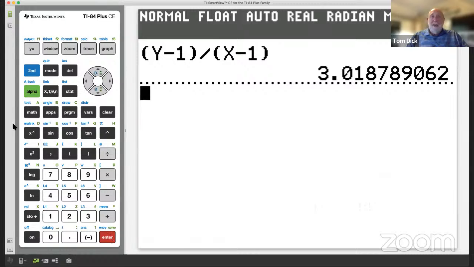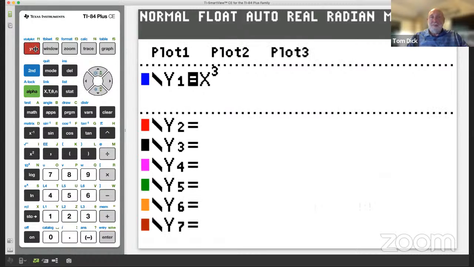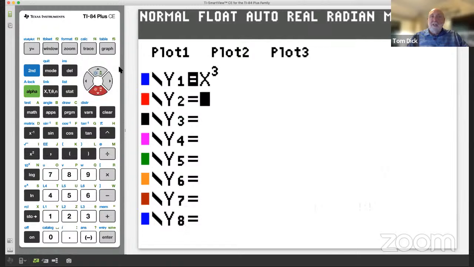Now I'm going to stay with this for a bit. Let me go to the y equals menu. What I'd like to do is think about, what if we repeated this process? This was looking at that process of the difference quotient at x equals 1, or if you're thinking in terms of the a value, the a was 1, the specific point of interest. But let's suppose we tried to repeat that at lots and lots of points, computing difference quotients. So we've got y1 is x cubed.